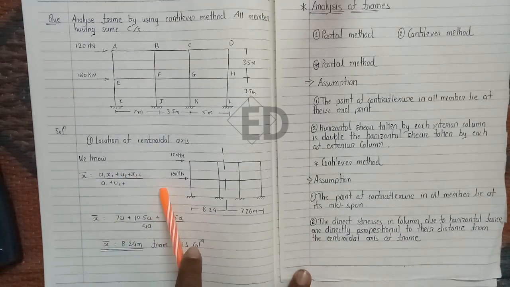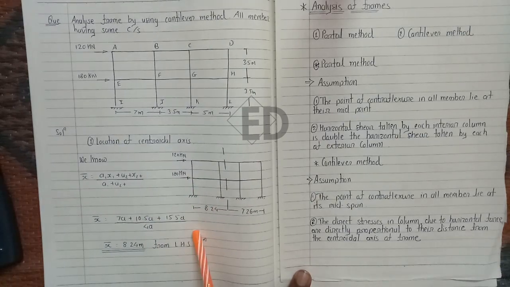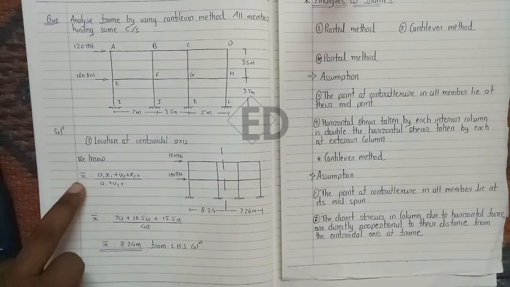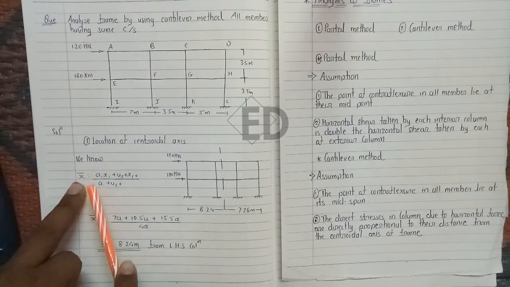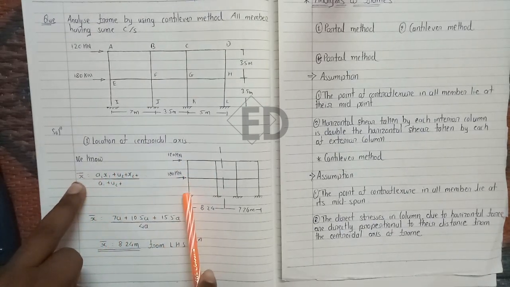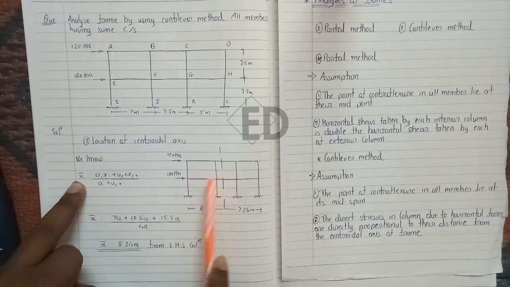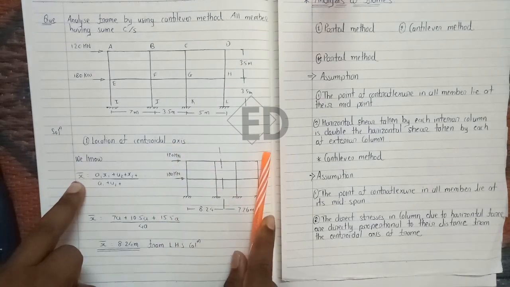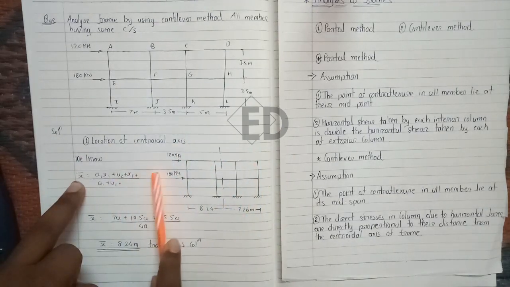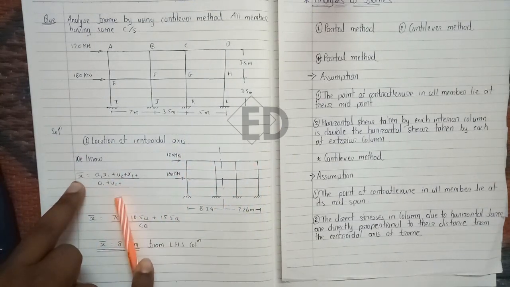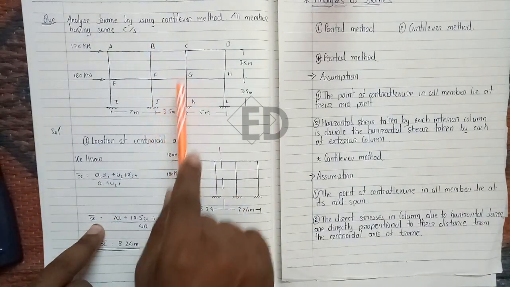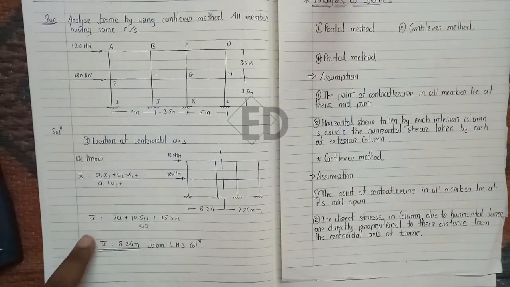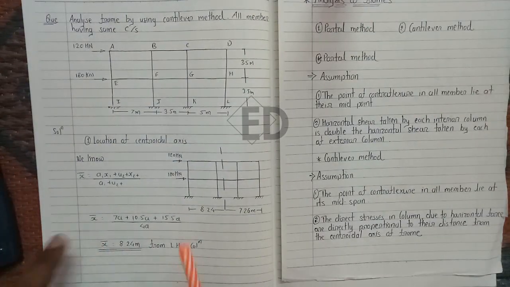By using this formula we directly calculate the centroidal axis. x bar is the distance of the centroidal axis from any of the corners. It is a1 x1, the area of any one column into its distance from one corner, plus a2 x2 plus a3 x3, divided by the whole area. Since the cross-section area of all members is the same, we take it as a.